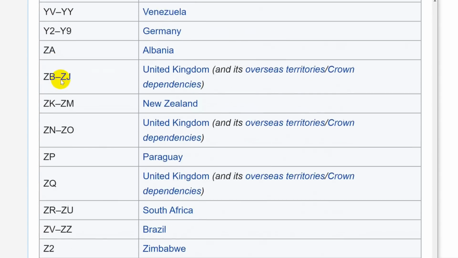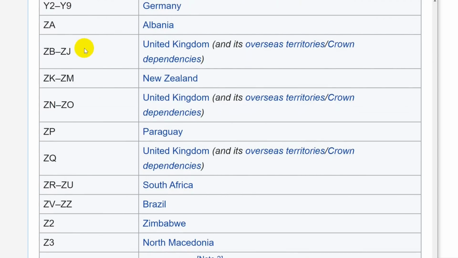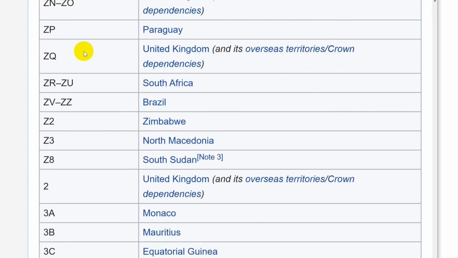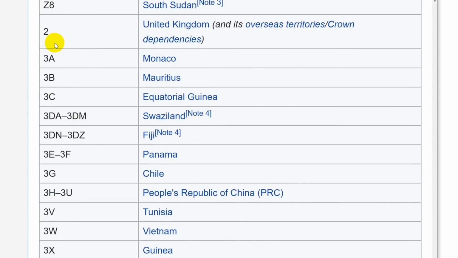Now we can really get into some interesting things. And here's New Zealand, Z. Z from New Zealand, but you can use them for United Kingdom and also Zimbabwe. Now, 2. The prefix 2 can be used by the United Kingdom, and is.